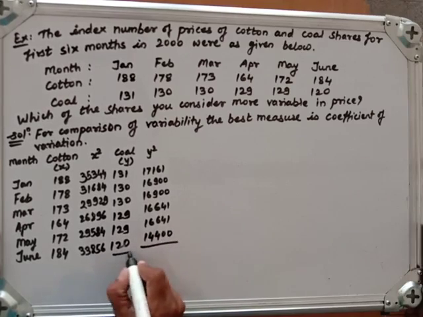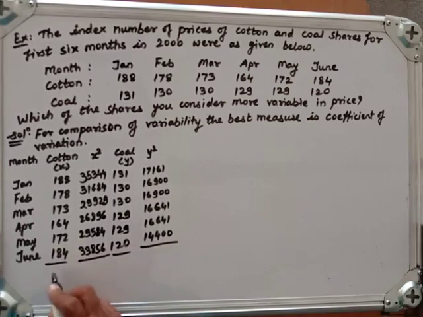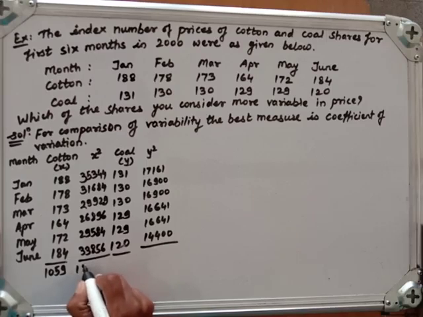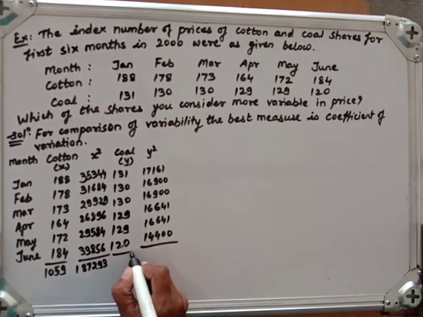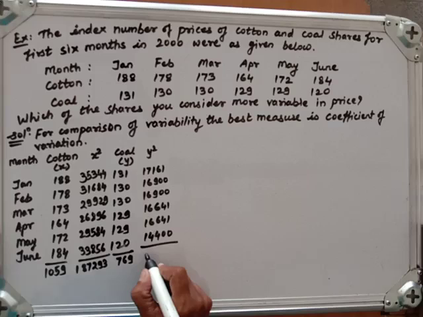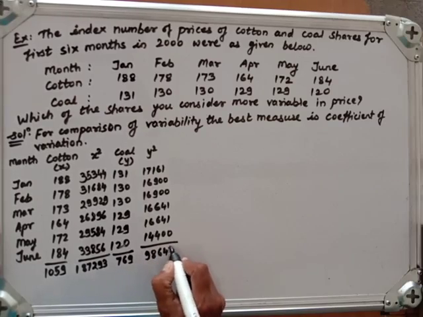Now we need all these sums. So let us determine all the sums. This sum is 1059. This sum is 1,87,293. This sum is 769, and this one is 98,643.